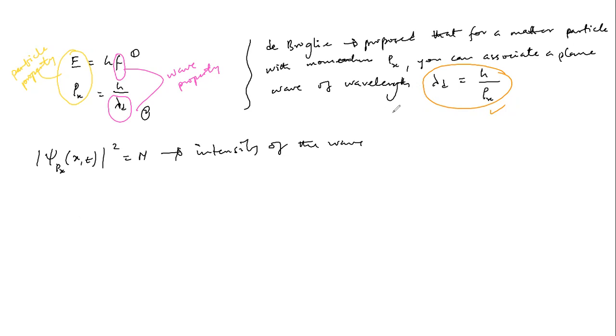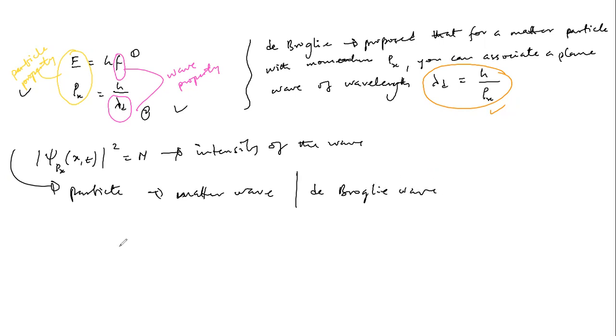Since the state function links particle and wave, this particle can therefore be regarded as a matter wave or a de Broglie wave. So the state function psi can also be called the wave function, because in as much as it can describe the state of the particle, it can also provide information about the wave property.